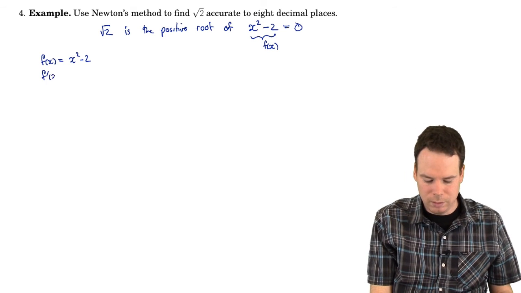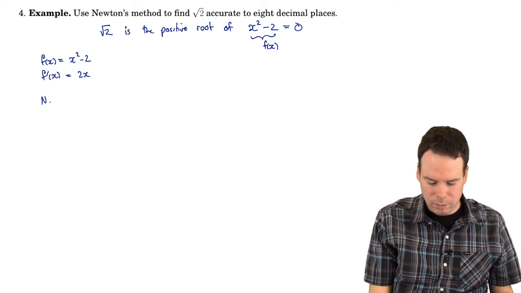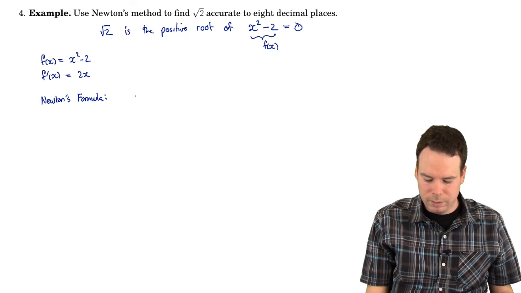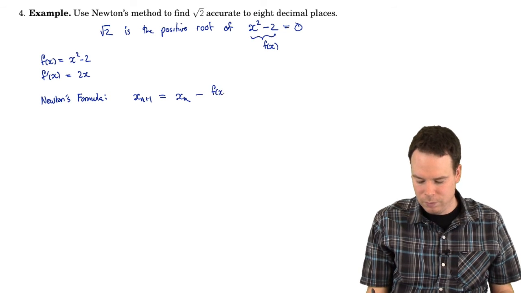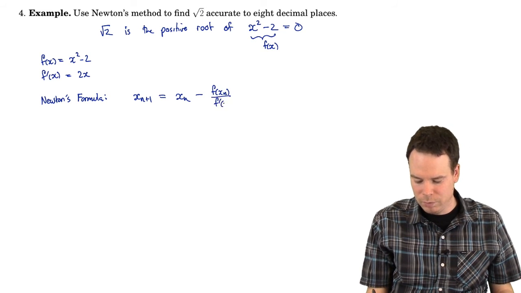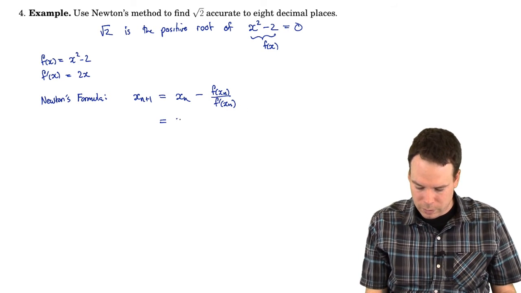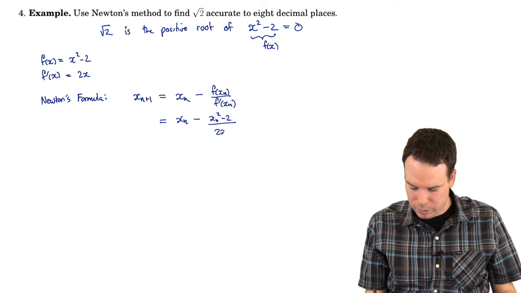We're going to use Newton's method, so we need to know its derivative. And then we're going to use Newton's iterative formula. So what's Newton's iterative formula? Well, it says you can get the next approximation by taking the previous one and subtracting off f of xn over f prime of xn. And we can now say, okay, well, f of xn is xn squared minus 2. F prime of xn is 2xn.